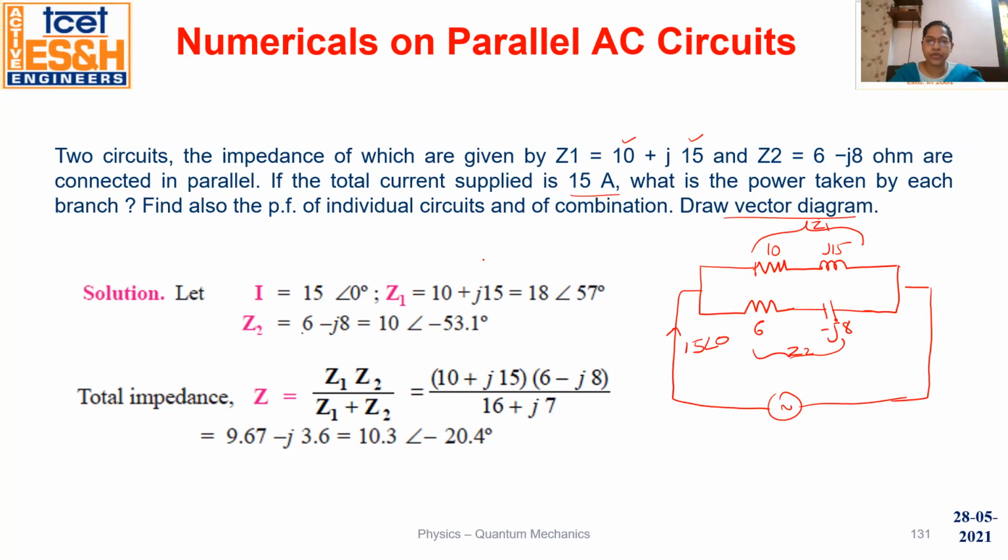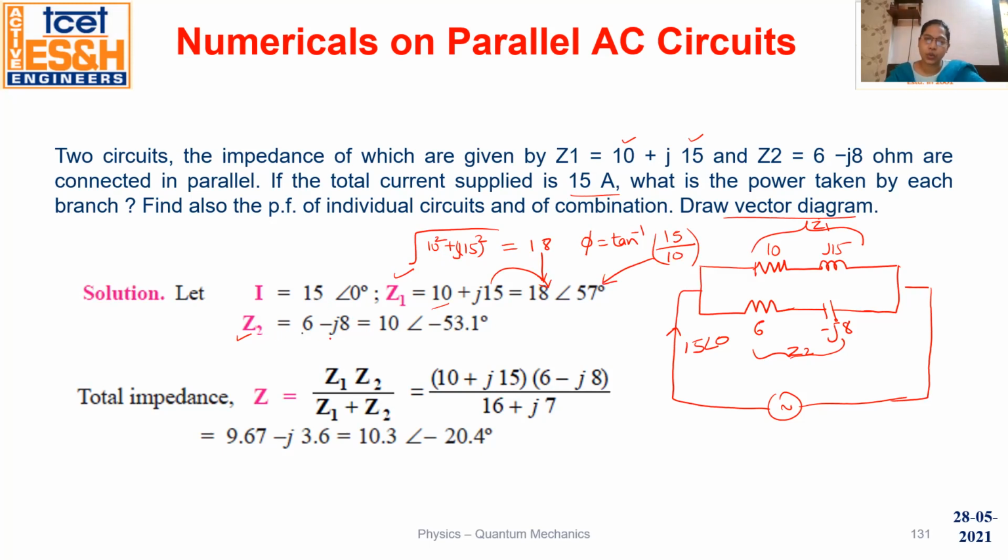We have Z1 and Z2. So Z1 we convert into polar form. The square root of 10 squared plus 15 squared will give 18. So you write here 18. And for phi, tan inverse of the imaginary quantity 15 over the real quantity 10 will give angle 57.